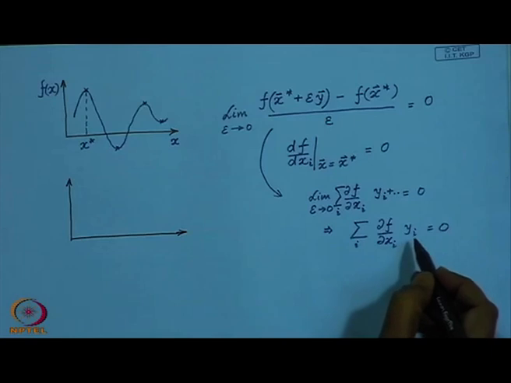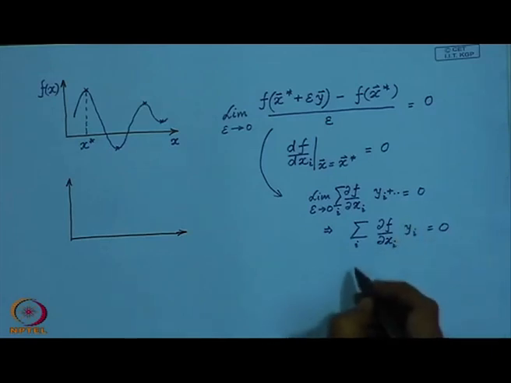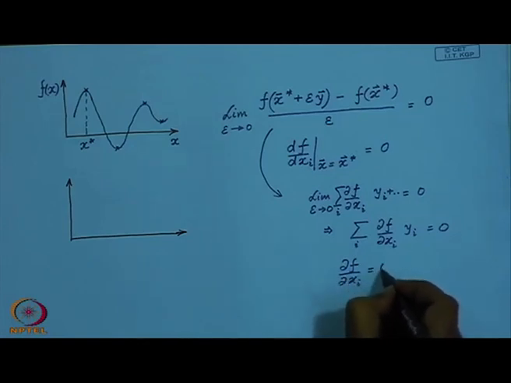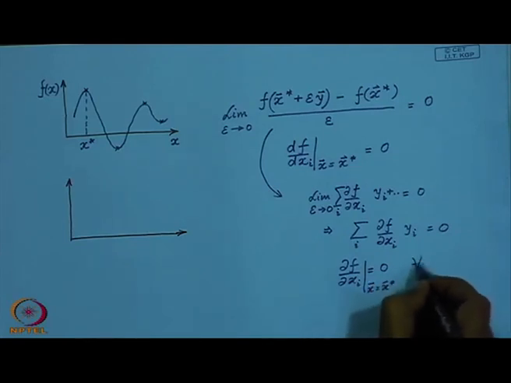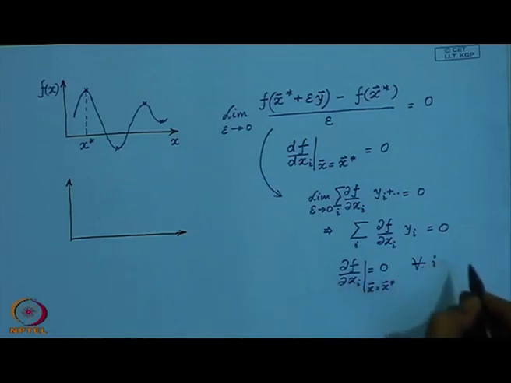So, if this has to vanish for arbitrary perturbations y, then we must have this should vanish for all i.